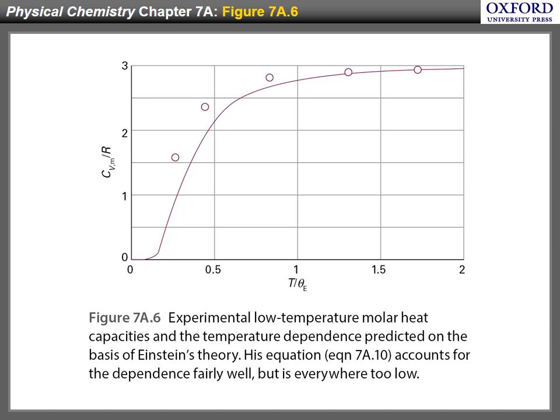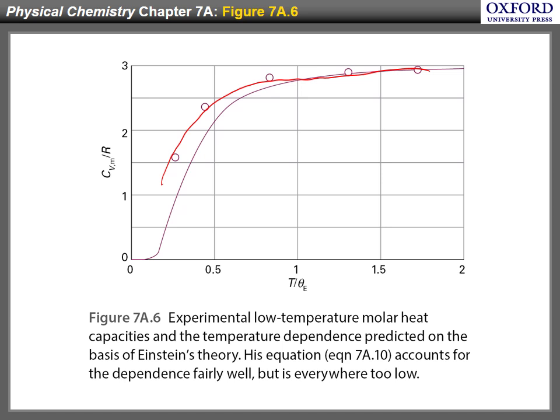Here we have a graph that visually shows the dependence of the heat capacity given by Einstein's formula. The shape is satisfactory, but as you can see, the numerical values are in poor agreement.